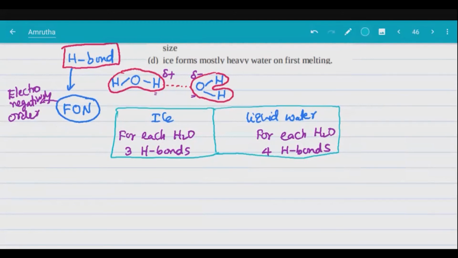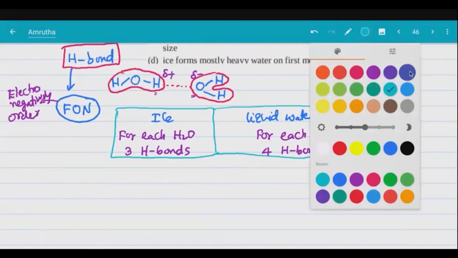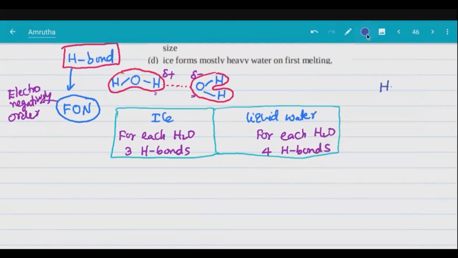Yes, Samriddhi, H is directly attached to fluorine, fluorine of another molecule or fluorine of another part of a molecule. See, if I write this HF and there is another HF, this red color one is the only hydrogen bond, not the blue bond.